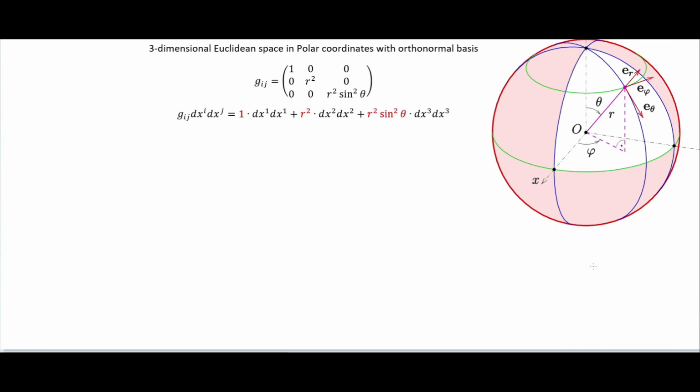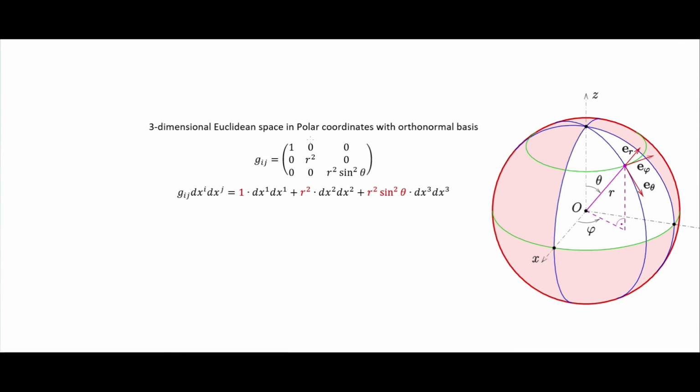And so then the last thing I have down here is just the metric tensor for polar or spherical coordinates. And we can see that the entries in this matrix are not just ones and zeros. We have this r squared and this r squared sine squared theta.